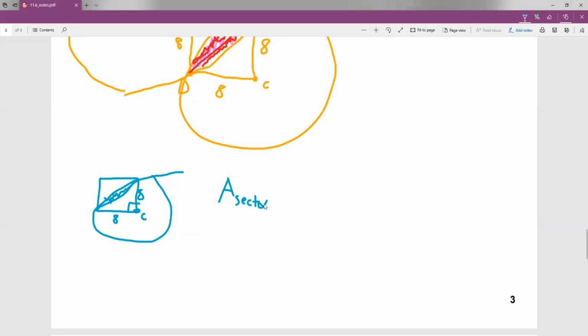So the area of the sector is just equal to 90 over 360 pi r squared, which is 8 squared. So this is 1/4. 8 squared is 64. So 64 times a fourth is 16. So this is going to be 16 pi. All right. So that's the area of the sector.